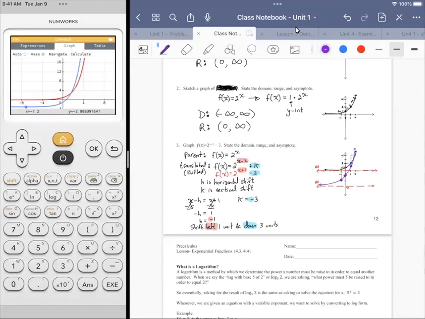One of the reasons why I show this is because logarithms can be, in terms of the mechanics of it, algebraically a little tricky. We have other methods to solve log equations, and they involve the calculator, but they do involve having a sense of what the graph of an exponential function looks like.